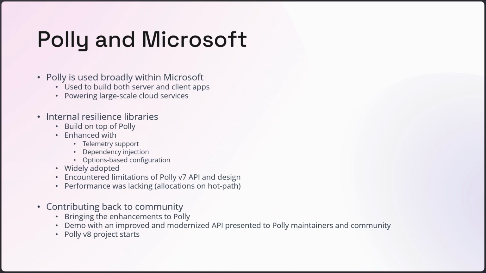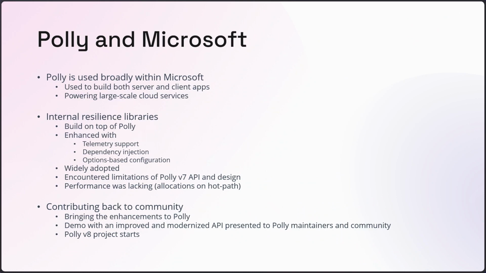But we also encountered some limitations of the Polly v7 API and design. We also experienced some performance issues, where there were some allocations on the hot path. So at some point, we sat down and started thinking about how we can expose these improvements back to the broader open source community and how we can improve Polly itself.